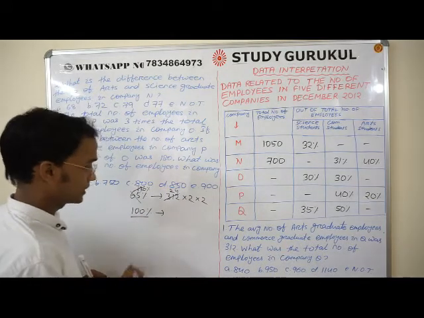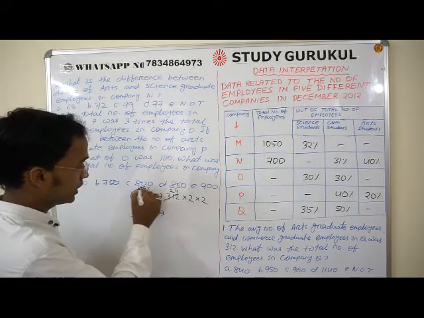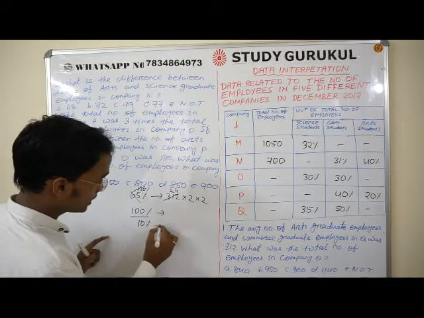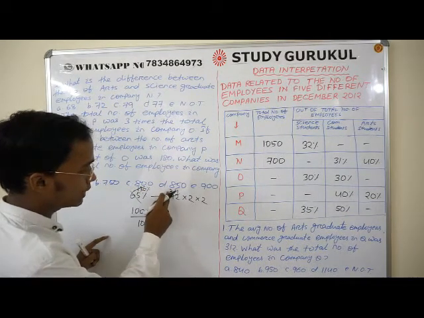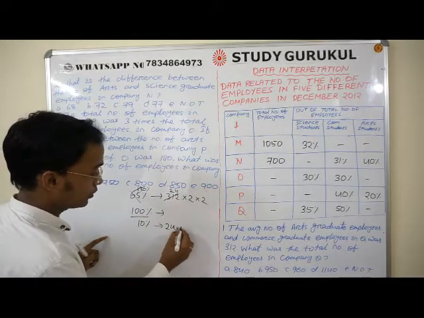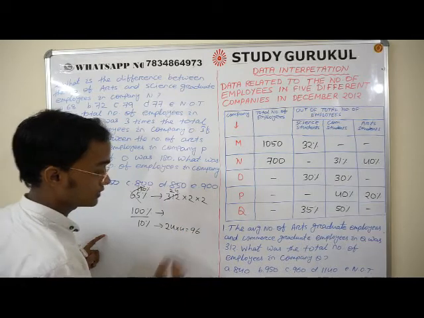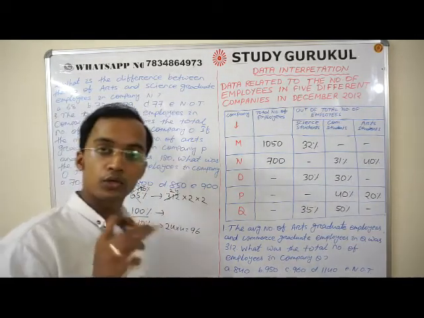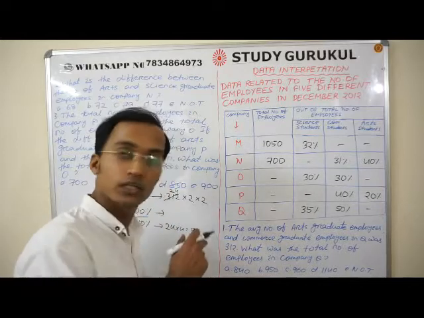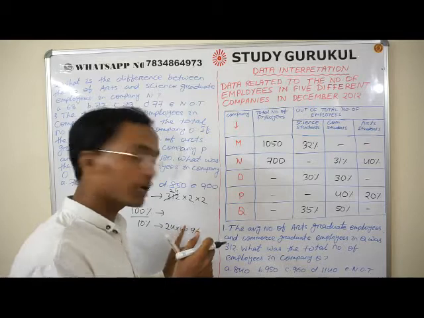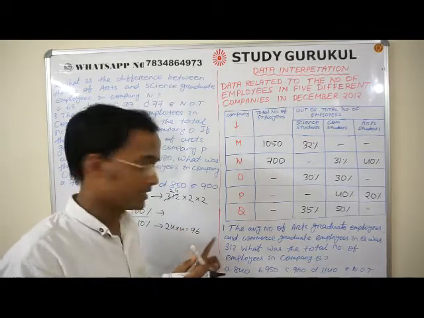So what is 100%? See, if we cancel 13, the remaining is only 10%. 10% equals 24 into 4. You know 24 into 4 is 96. If you don't know, see, 25 into 4 you know is 100, minus 4, because it is 25 minus 1 into 4, so it is 96.